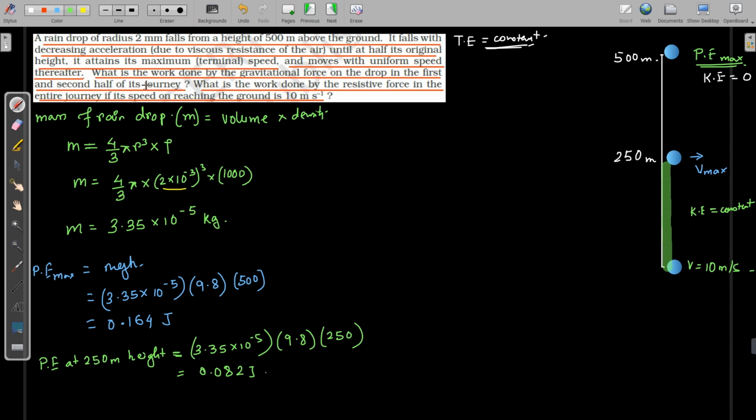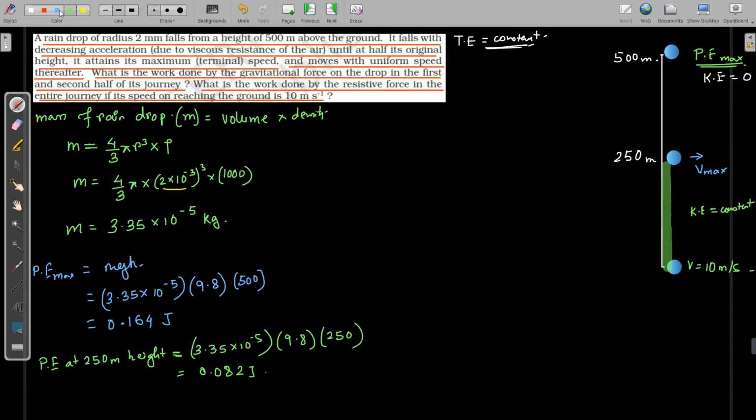So the question given, what is the work done by the gravitational force on the drop in the first and second half of the journey? You can understand for the first half of the journey, work done by gravitational force will be how much? The decrease in potential energy. Why? Because who is pulling? Gravitational force is pulling, right?